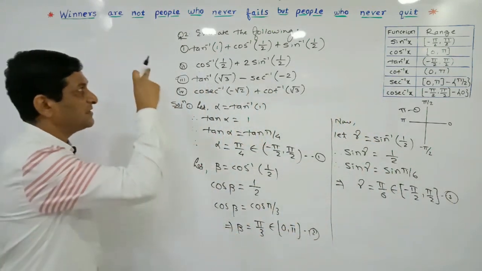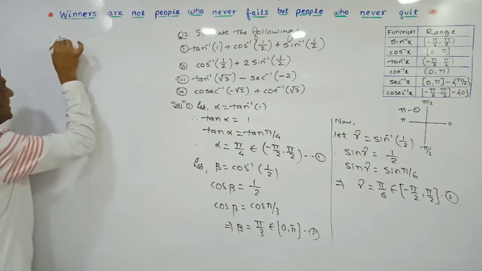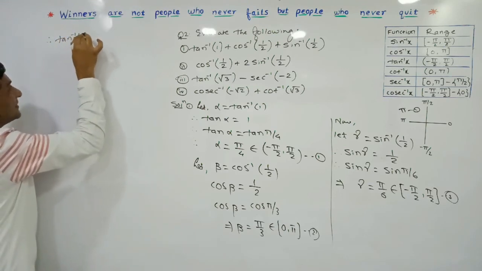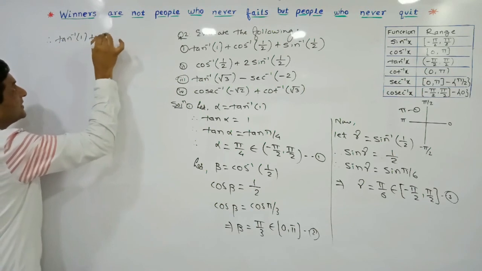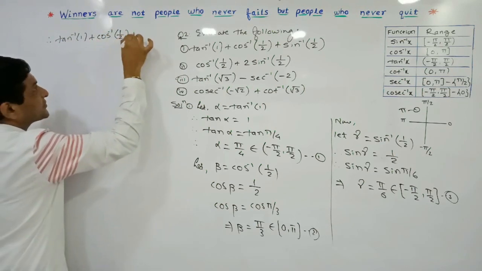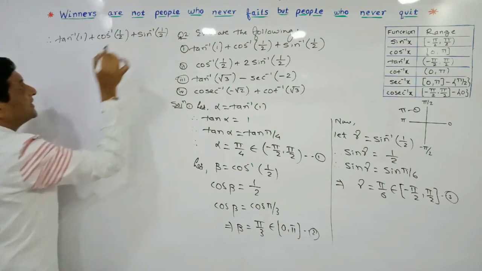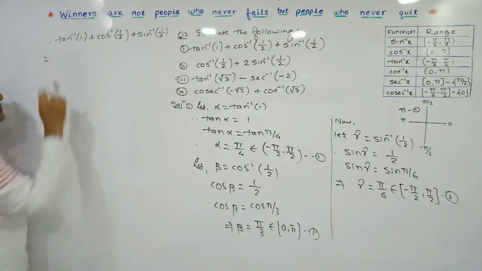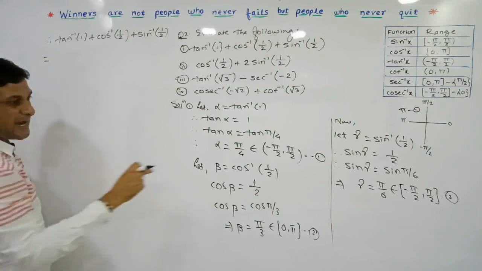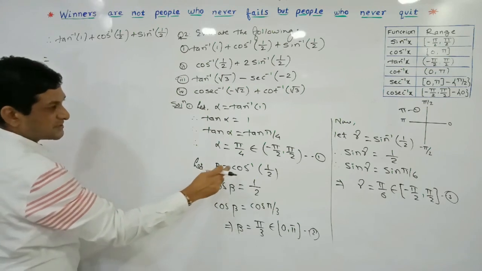Now we are finding the value of this expression. Tan inverse of 1 plus cos inverse of 1 by 2 plus sin inverse of 1 by 2 can be replaced by its values.